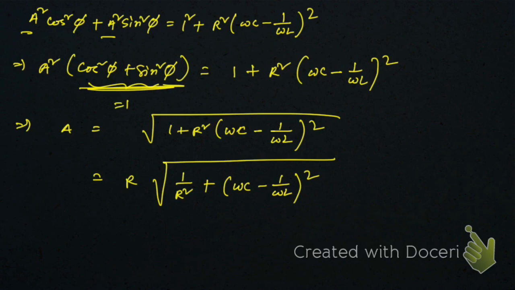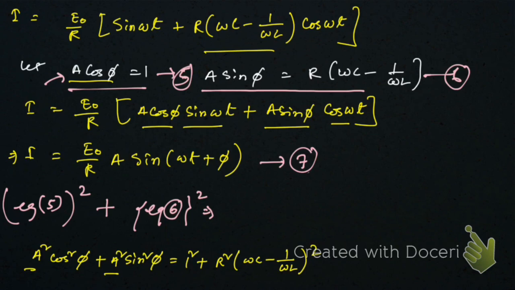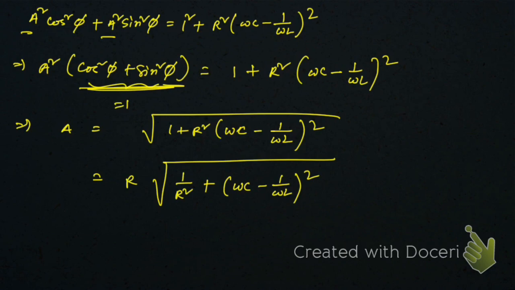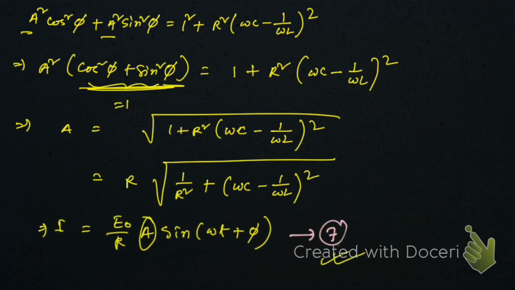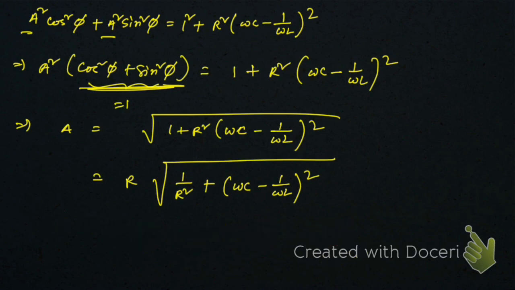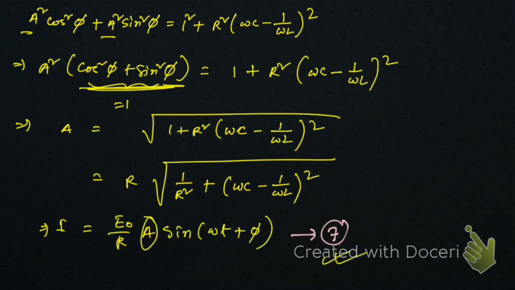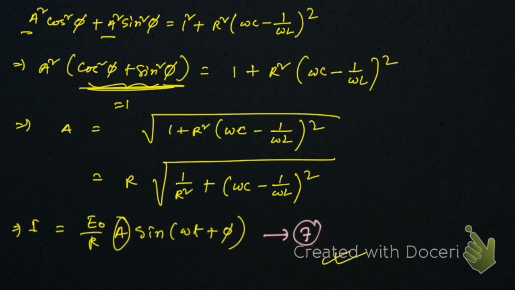Now using this value of a, if you put the value of a in this equation number 7, what you will get, right? So let me copy this equation number 7. So here is the equation number 7.